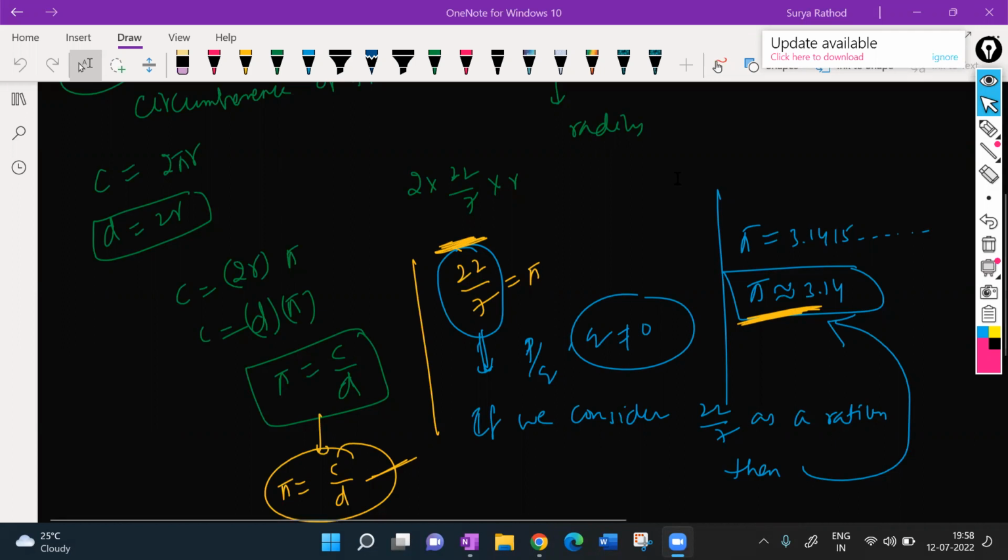Pi is an irrational number, since if you divide 22 by 7, we never stop at a particular answer. It is non-terminating, non-recurring. Non-terminating is nothing but it is never stopping. Non-recurring is nothing but it is not repeating somewhere.